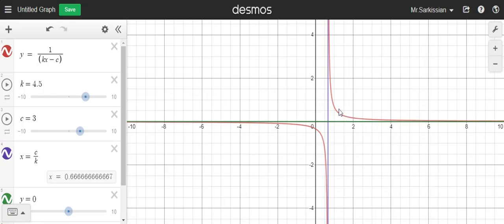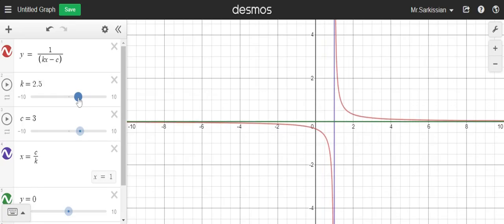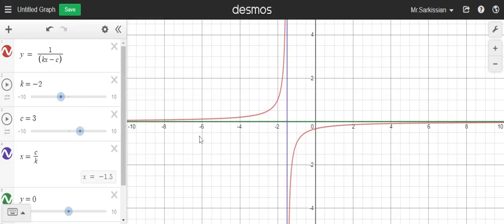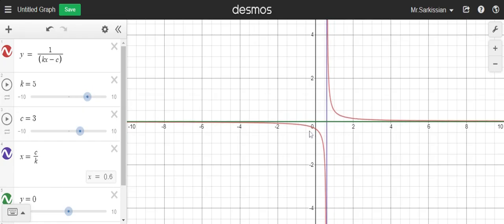So that's the change that is happening. So that's the effect of changing value of k such that sometimes it's positive, sometimes it's negative.